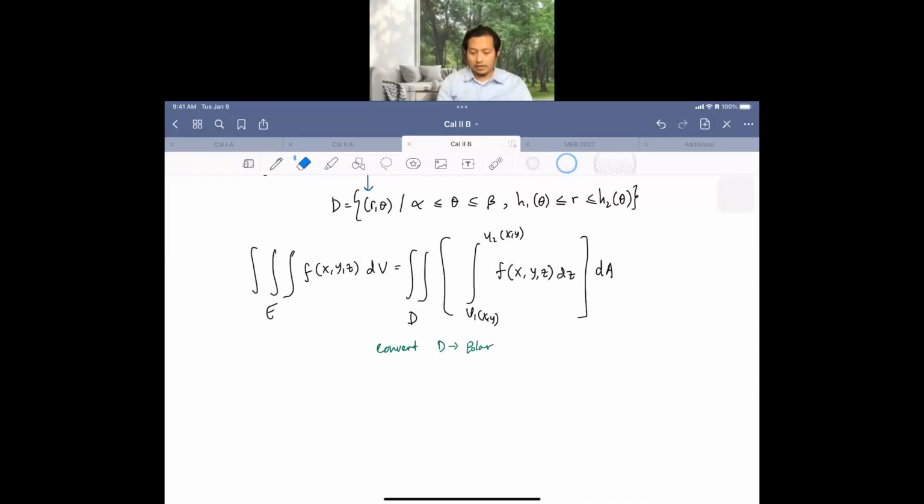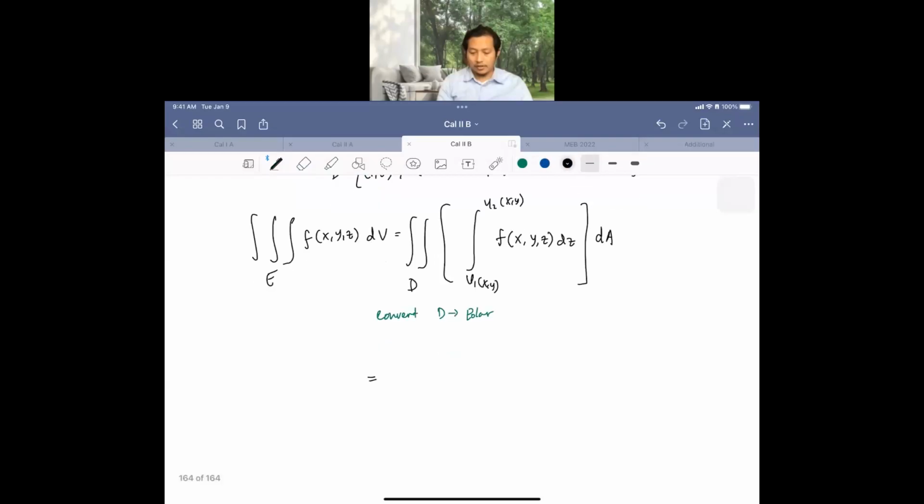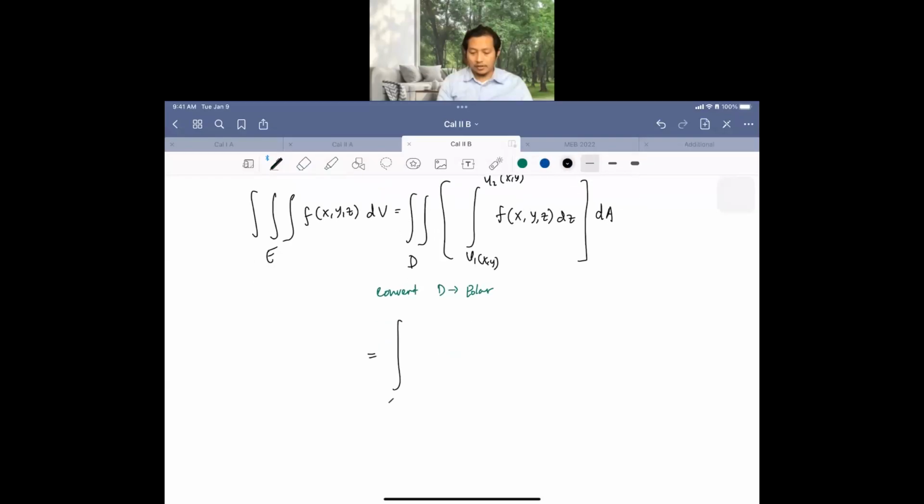So this will be equal to the polar integral from alpha to beta for the angle, and then the polar equations as functions of theta, and inside, f of r cos theta, r sin theta, and z is still z.